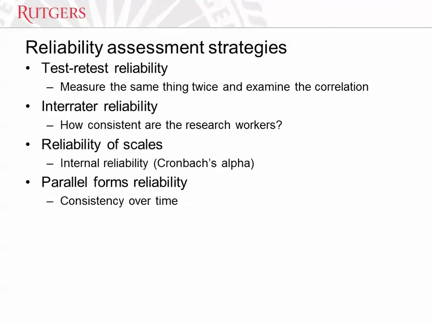This is probably one of the most common types of reliability assessments you'll see in most social and policy studies. It's referred to sometimes by a statistic called Cronbach's alpha, and it's basically the average of the what are called sort of split half kind of correlations between items in a scale. And a Cronbach coefficient is a general measure of how intercorrelated the items of a scale are.